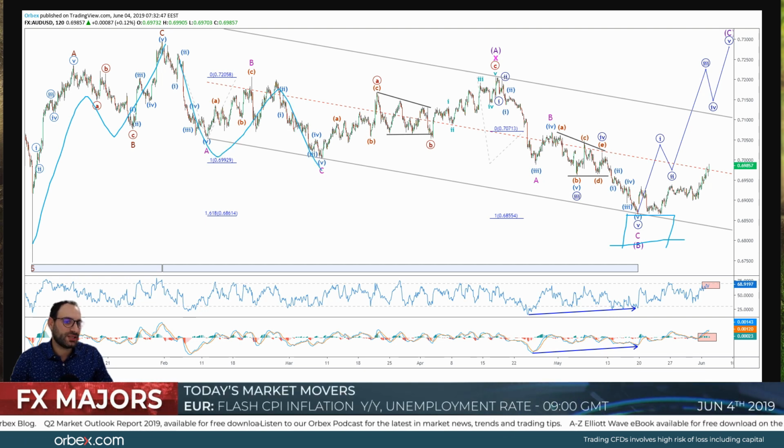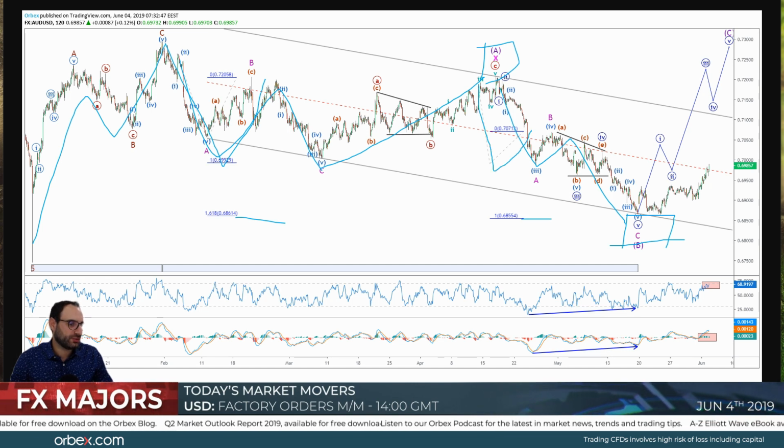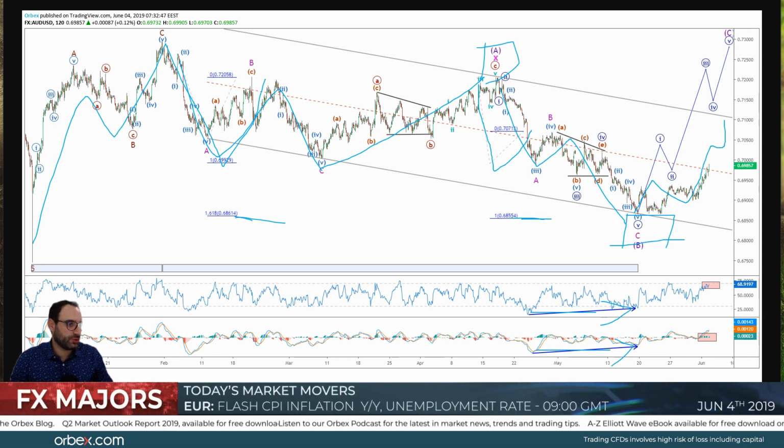We had an ABC, and then this combination of an ABC, and since we have a good confluence level here, the 100 extension of the first wave, and also the 161 and 100 extension of this first wave to the downside, the second zigzag, we're probably looking at prices starting to reverse now. For that reason, and because we see signs on the RSI and MACD, I am going with this scenario, supporting this bullish impulse scenario.